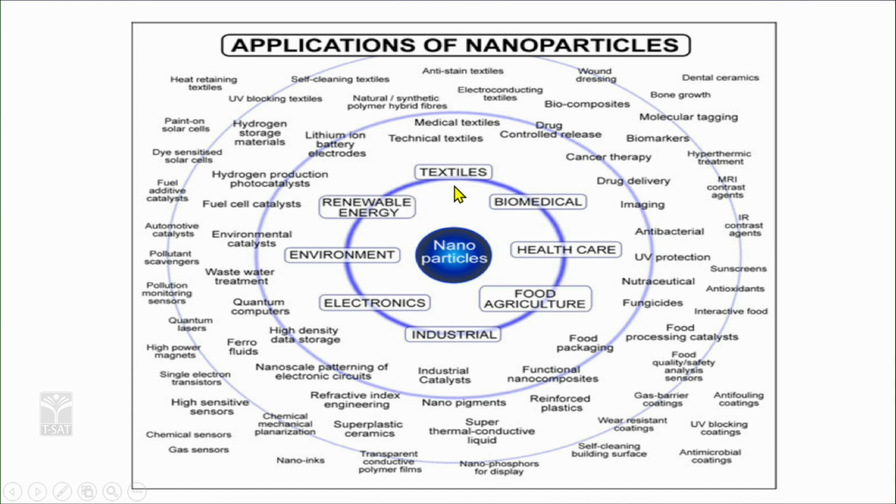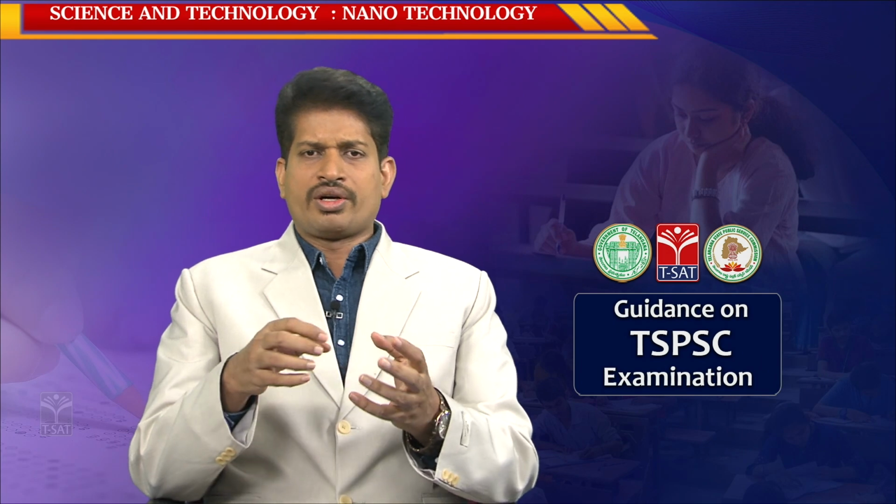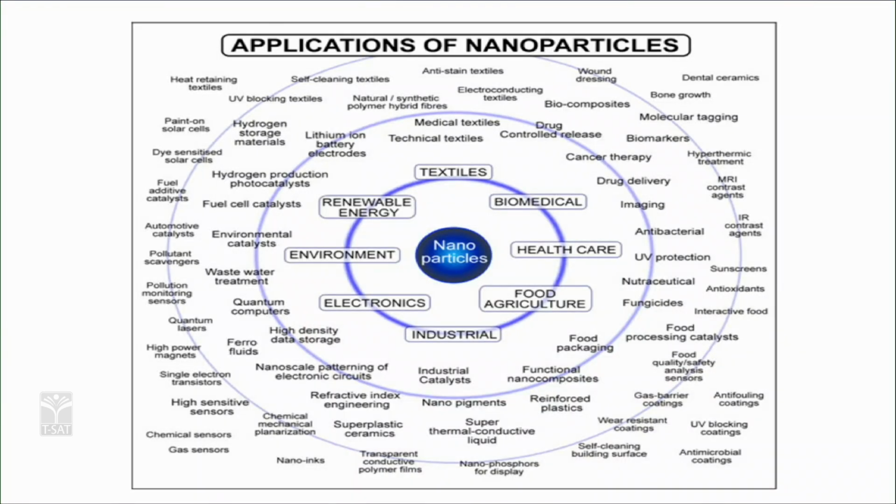In textiles, better breathable textiles, textiles which are wrinkle free, textiles which are antibacterial. So, these are the different range of applications. For example, in biomedical applications, a drug delivery system with the help of Buckminster Fuller, you can synthesize materials of your desire which are accepted by your immunity.